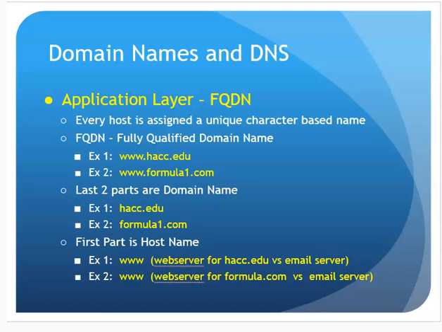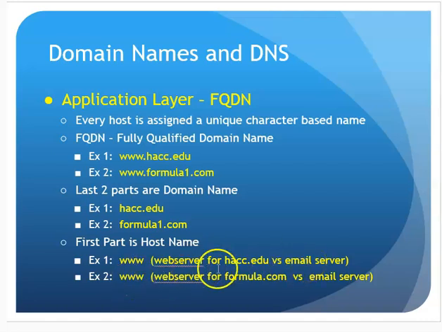So as we look at this again, we looked at this before, a fully qualified domain name will be something like www.hack.edu or www.formula1.com. The last part, hack.edu or formula1.com, is the domain, and that first part, www, is the actual host. In this case, www is the web server for the hack.edu domain, as opposed to the email server at that site.